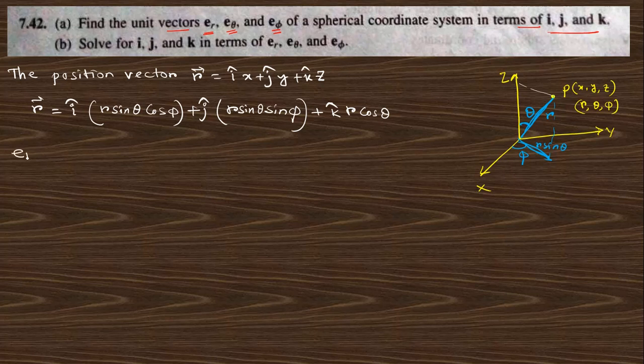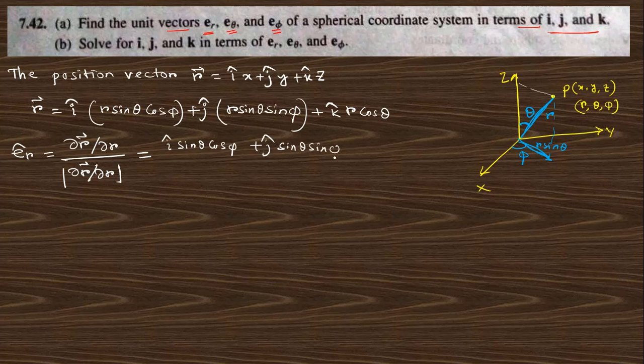Now if we want to find e r cap, the unit vector along r, it is del r vector by del r divided by the modulus of del r vector by del r. Taking the partial derivative with respect to r, we get i cap sin theta cos phi plus j cap sin theta sin phi plus k cap cos theta.